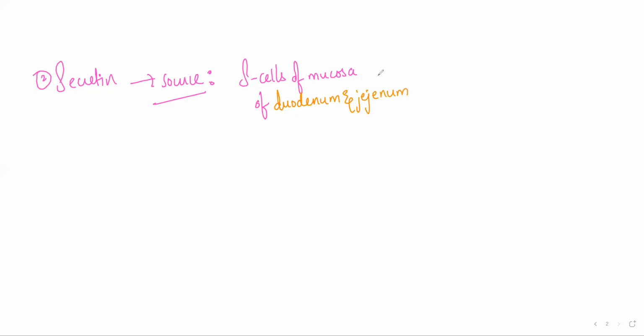This is also going to be a polypeptide, a protein hormone. Gastrin was made of 17, right? This is made up of 27 amino acids, children.